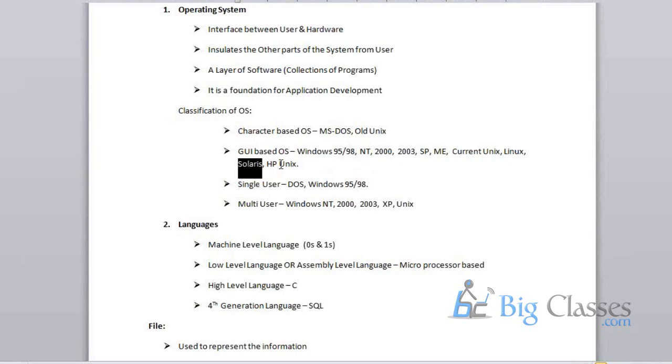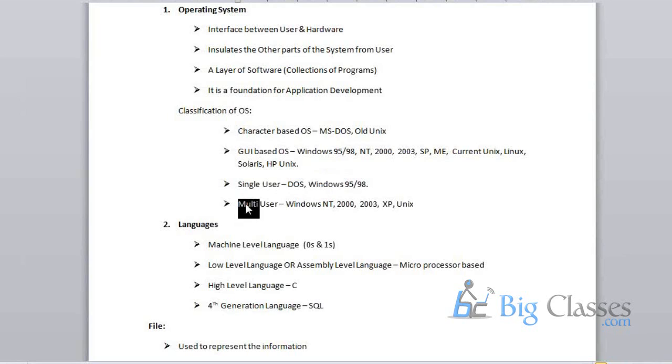Solaris, HP Unix, all these are examples of GUI based operating systems. Then single user operating system, that is only one user can log into the operating system at a time. Multiple users cannot operate that particular operating system parallelly.